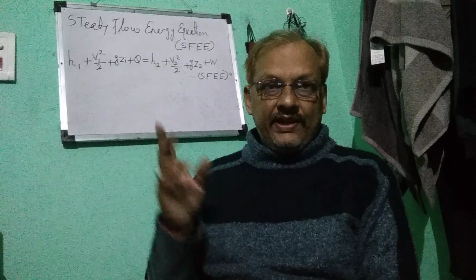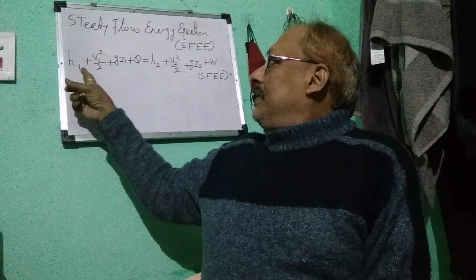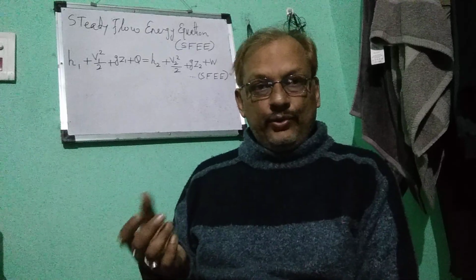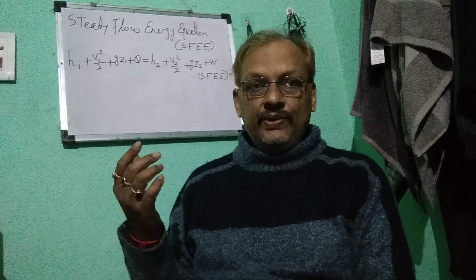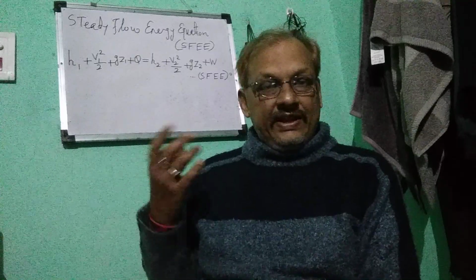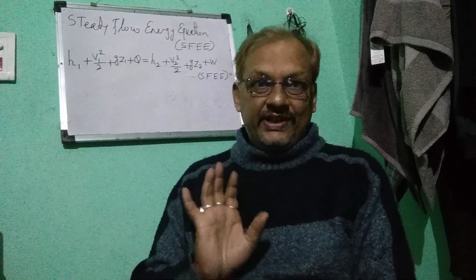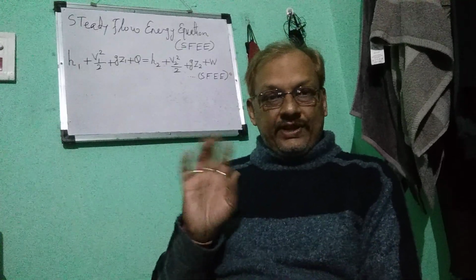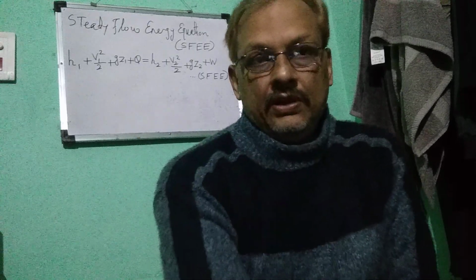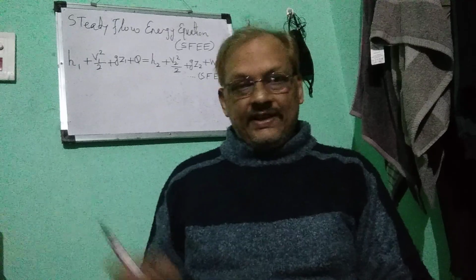If you want to see the derivation of the steady flow energy equation, you can refer to my other video named thermodynamic analysis, two approaches, system approach and control volume approach, and steady flow energy equation. Okay, so let's start our discussion.